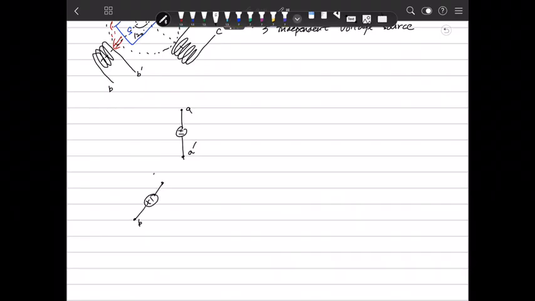This is B and B prime. This is C and C prime. And we connect them at the negative polarity point of each in this manner. So the point we define, we call this point the neutral point.